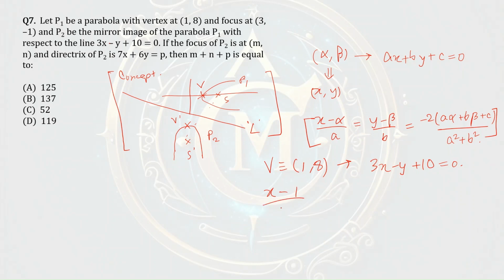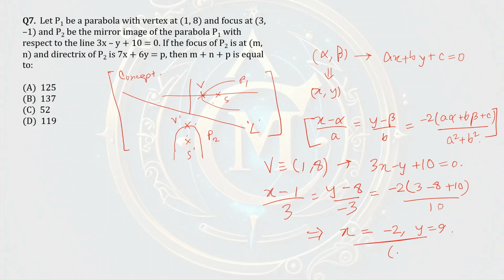So we will write (x - 1)/3 = (y - 8)/(-1) = -2 times (3 - 8 + 10)/(9 + 1), so 10. So here we can get x = -2 and y = 9. This is the coordinates of V dash. This is the vertex of the parabola P2.